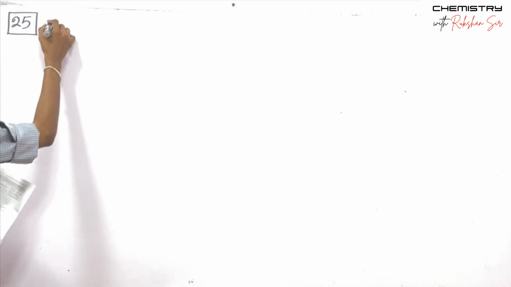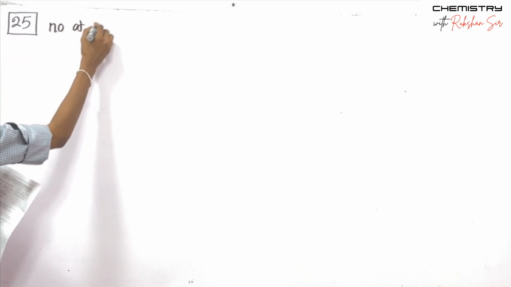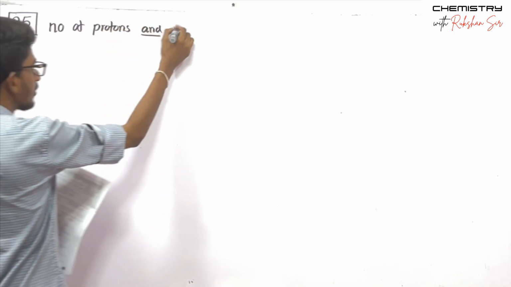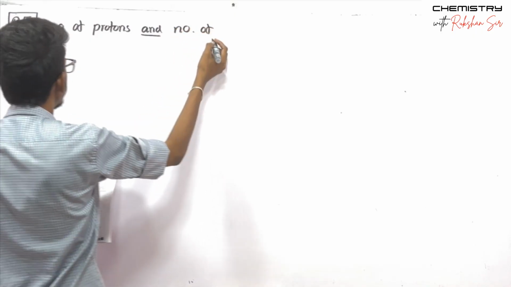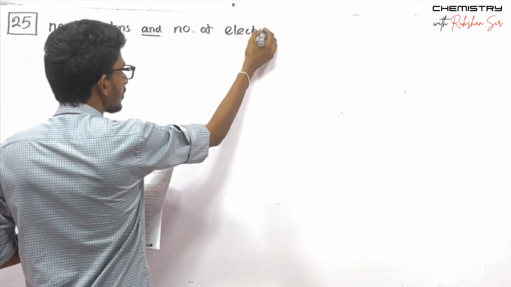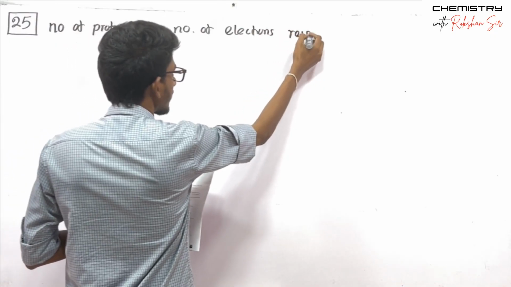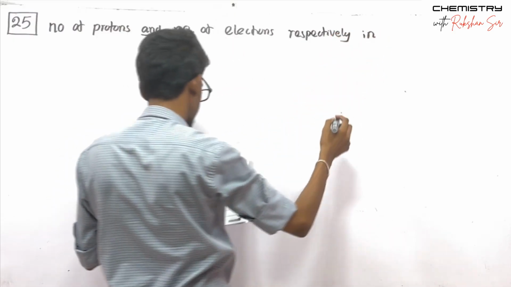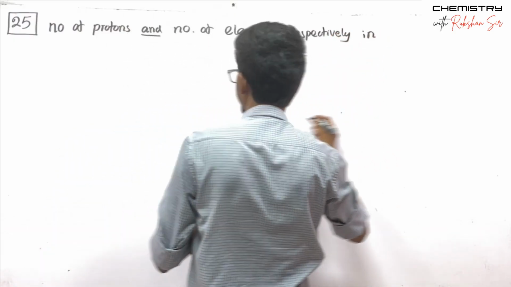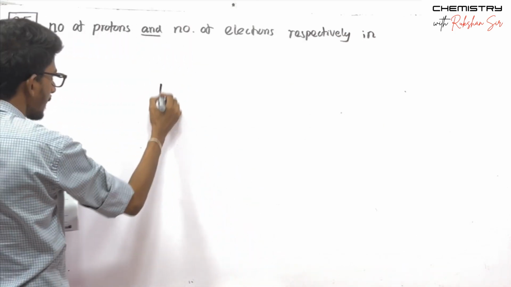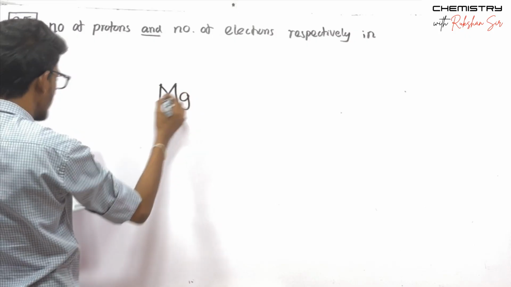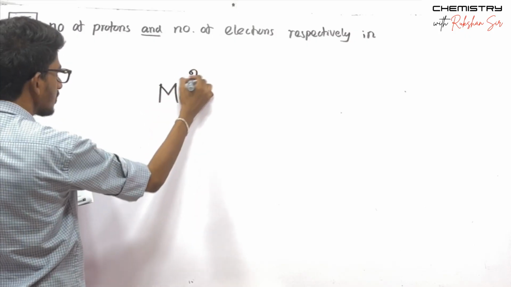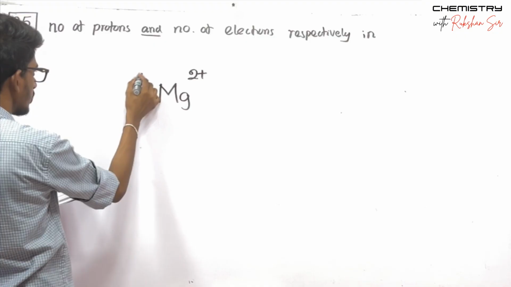So for question 25, we are looking for the number of neutrons and the number of electrons respectively in magnesium 2 plus.